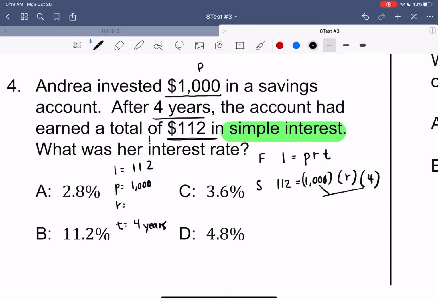Since I can't just multiply the R right now, since I do not know it, this is our unknown. And so 1,000 times 4 is going to give us 4,000, and this equals 112. But remember, we still have this R, and this 4,000 and this R are being multiplied.